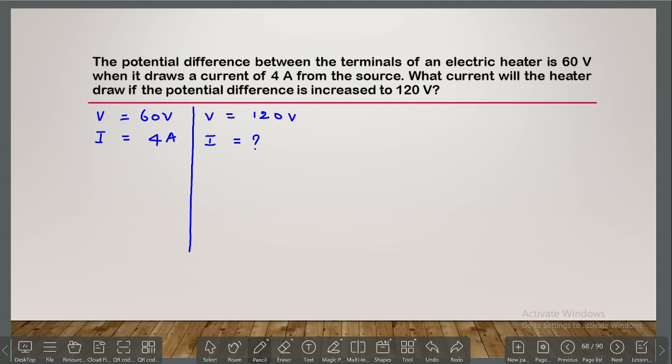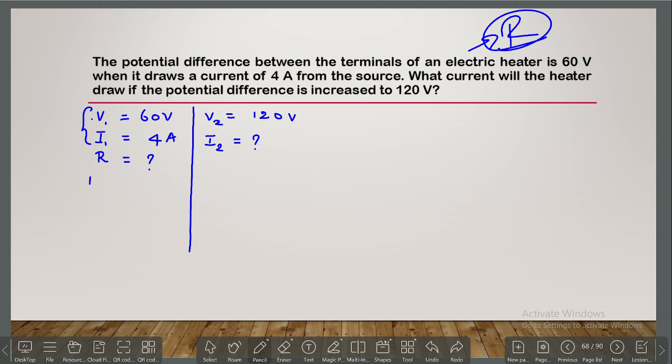Since there are two conditions, for convenience you can write V1, I1, V2, I2. So now we are going to calculate I2. In order to find I2, first we need to know the resistance of the heater, because even if you change the potential difference, the resistance will remain the same.